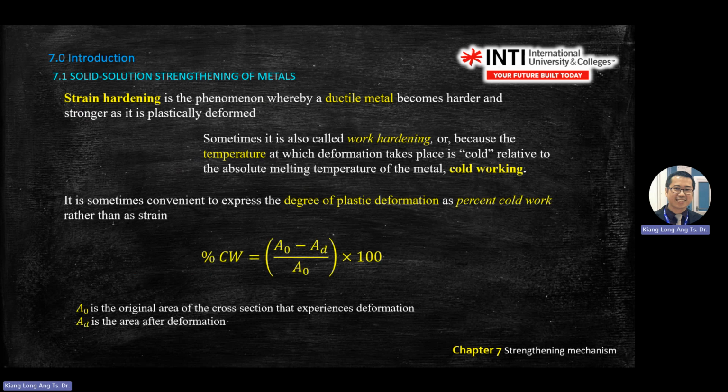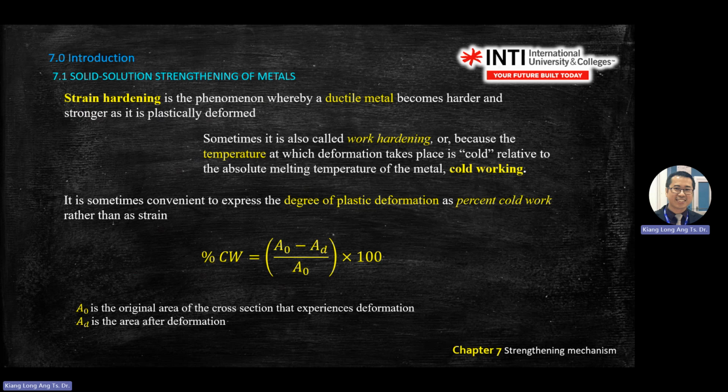Now we go into how we make the metals stronger by mechanical method. First, we look at cold working. Cold working means you do some deformation on the metals at room temperature or a temperature lower than the melting temperature. So cold working means cold relative to the melting temperature of the metals.